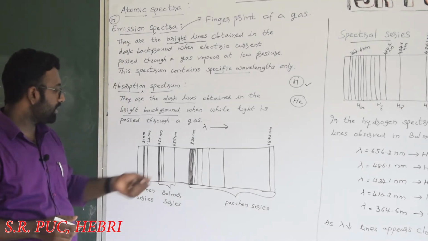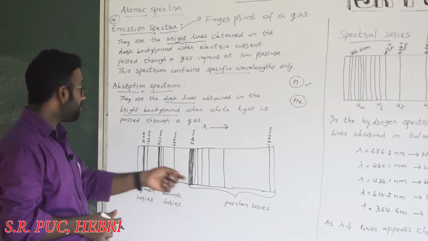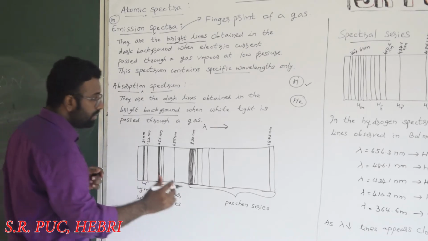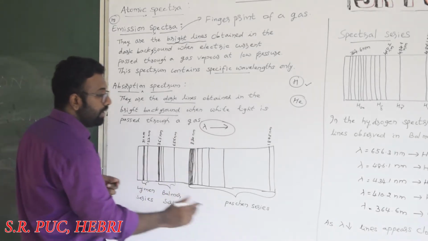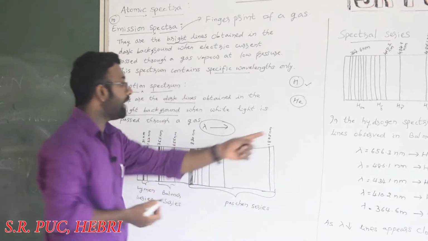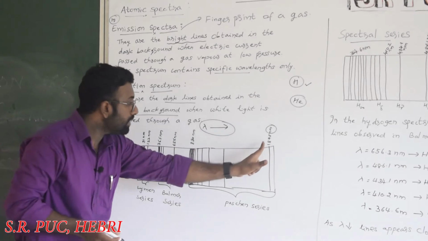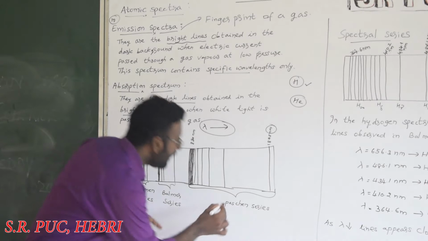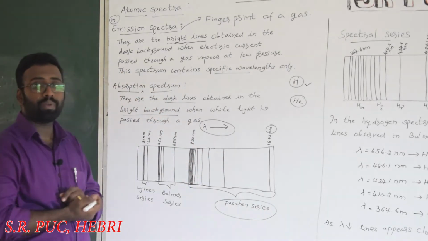You can see in the diagram, excuse me for the clarity of the diagram, because you can refer to your textbook for a clearer picture. The spectrum of wavelength is taken here.